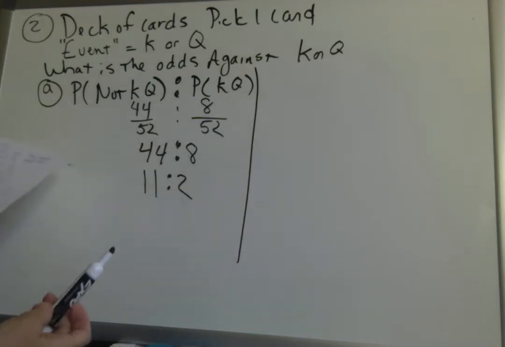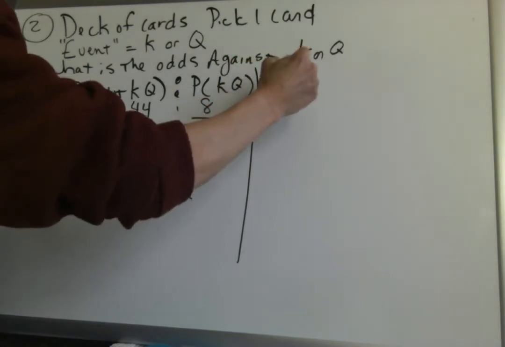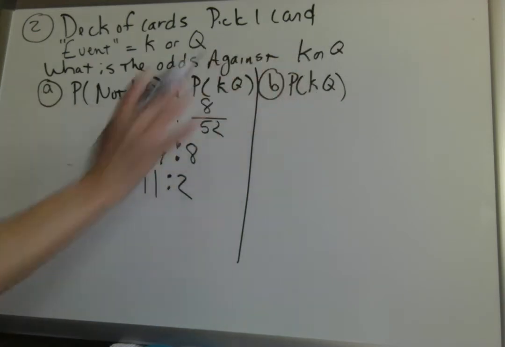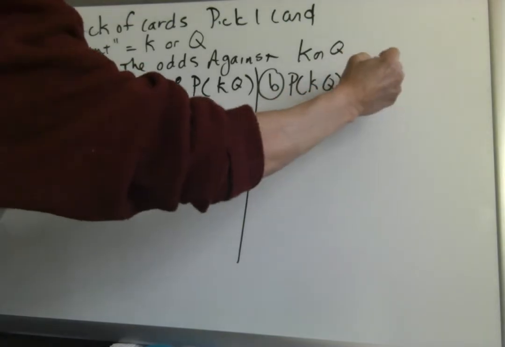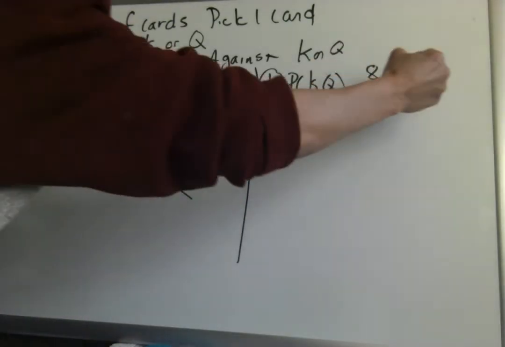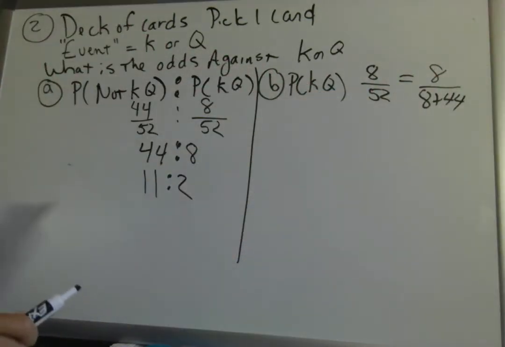All right, so that's using the probability way. Technically using the odds formula. All right, well, let's pretend I haven't done that side. Let's pretend you were starting there. The probability of a king or queen is 8 out of 52. Okay, so which is 8 over 8 plus 44.